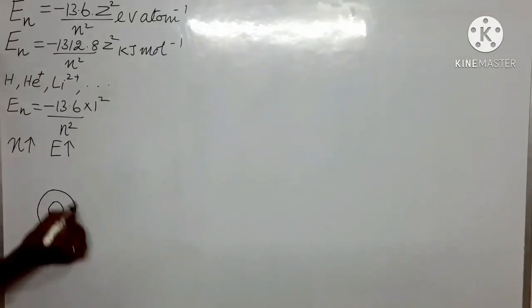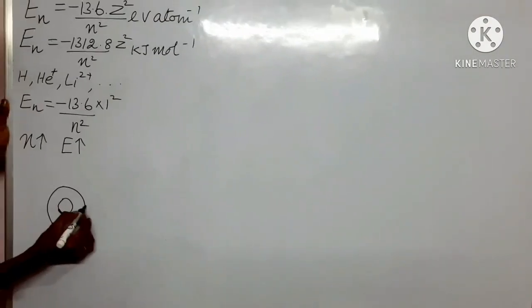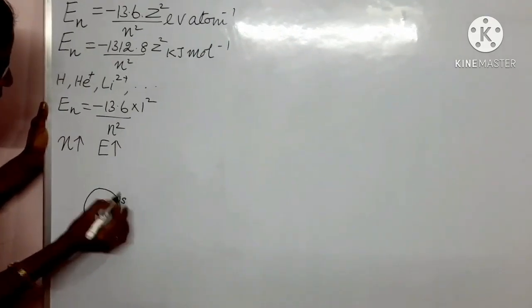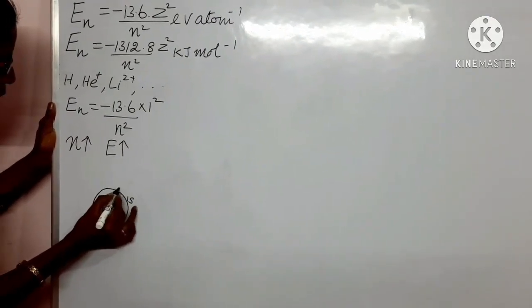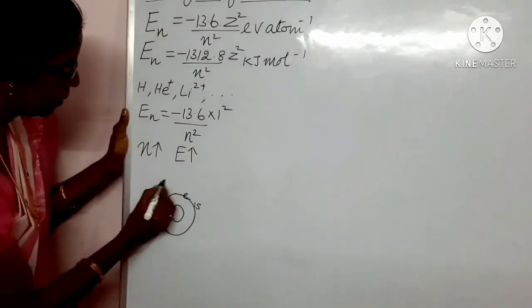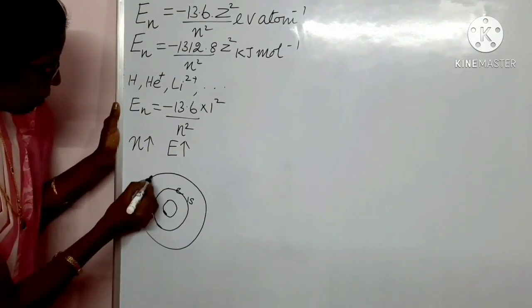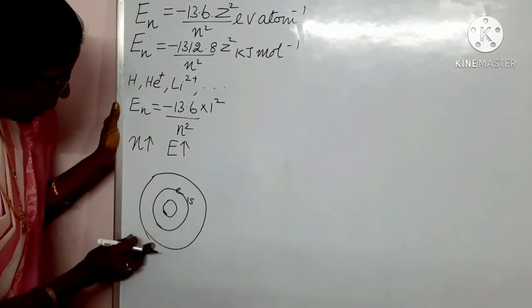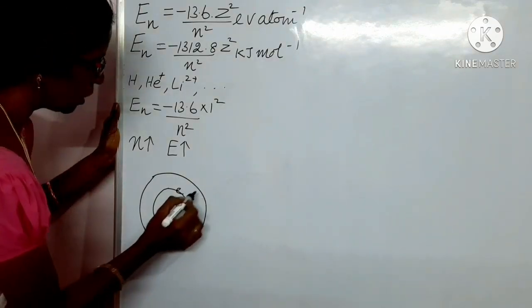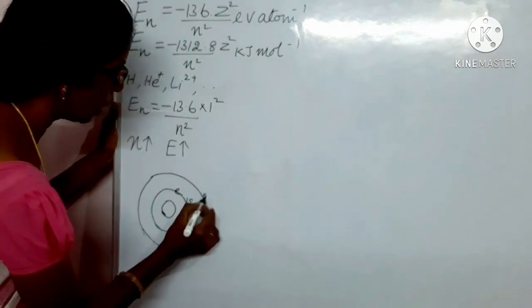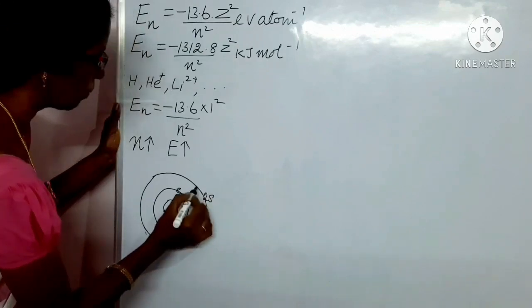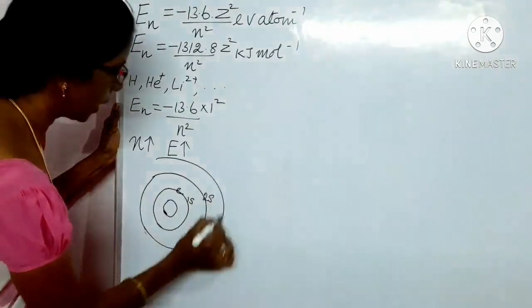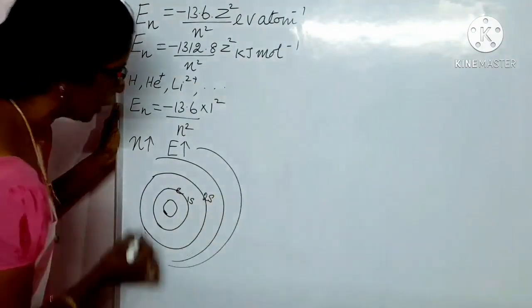This is your first orbit, K orbit, where you have the 1s orbital. Your electron is present over here. This is your 2s orbital, in the L shell. Next comes the 3s orbital, then the 4s orbital, etc.